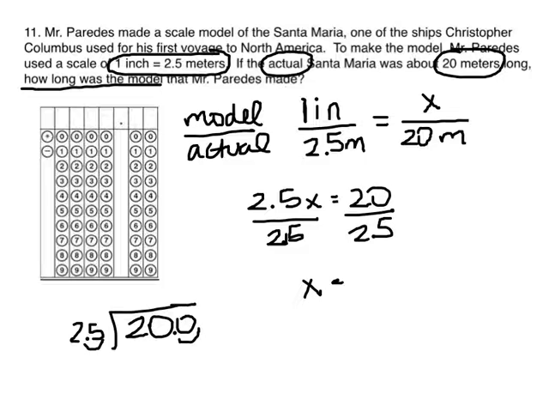I know there are 4 quarters in a dollar, so 25 goes into 100 4 times. So double that is 8 times. So x is going to equal 8. And it is going to be inches because it's on top. And that is where the model goes.